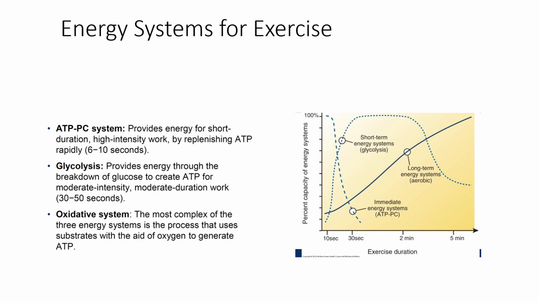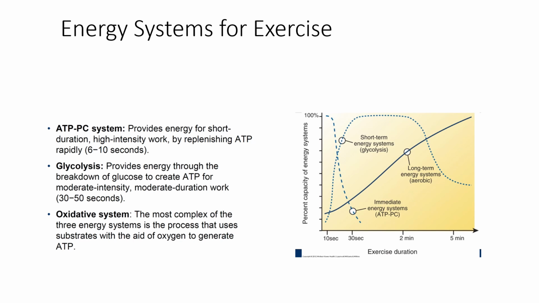The aerobic system, on the other hand, is the primary system for long-duration, lower-intensity activities. It relies on oxygen to produce ATP through the breakdown of carbohydrates, fats, and, to a lesser extent, proteins. In the presence of oxygen, glucose can be fully oxidized through a process called aerobic glycolysis, producing a larger amount of ATP compared to anaerobic glycolysis.